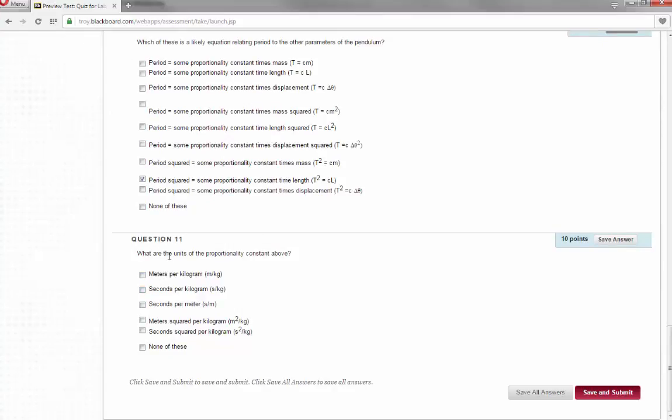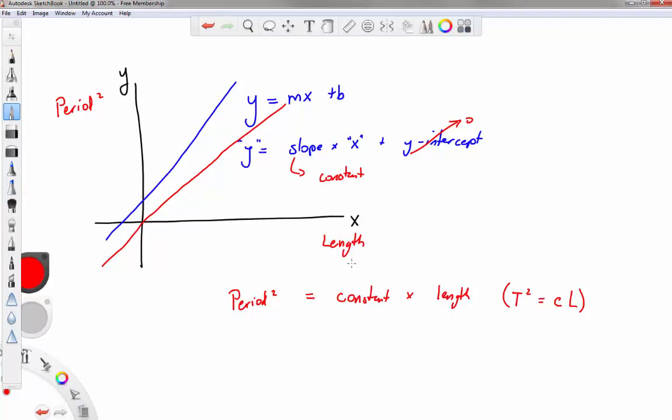Okay, the last question on here is what are the units of the proportionality constant above? So we're looking for the units that go with C. Well, coming back to this little workspace, the units should be the units of slope. So C is equal to slope, and that's equal to rise over run. So for our graph, the rise is always the vertical change. That would be a period squared.